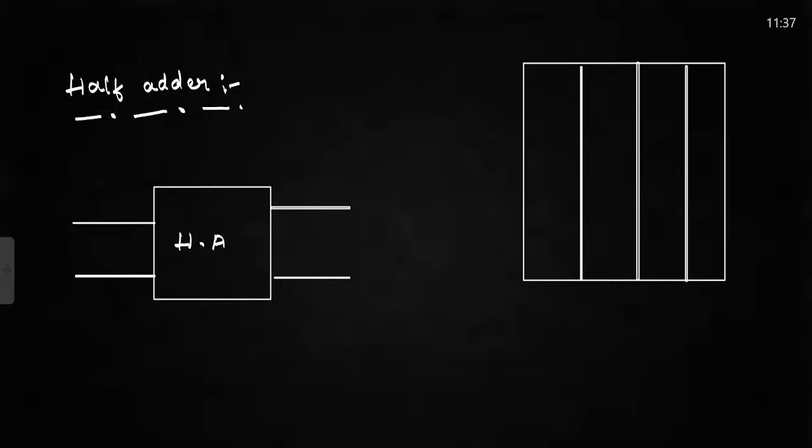So now let us understand what my inputs are here. A and B are my inputs, and one output is sum, and another output is carry.